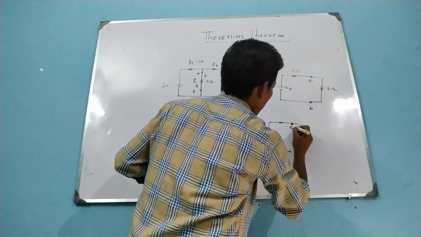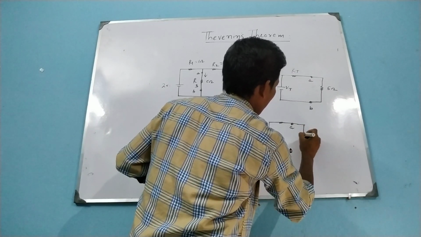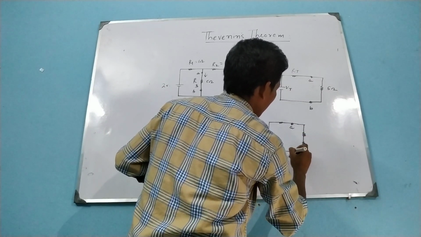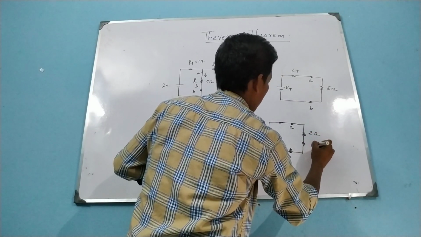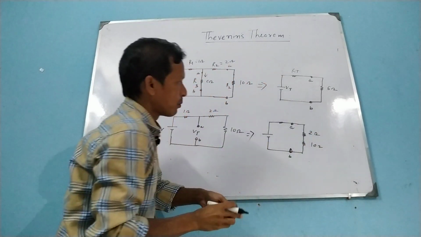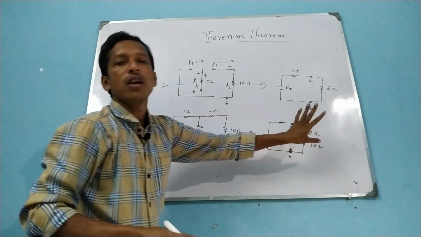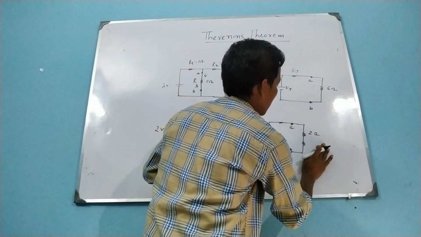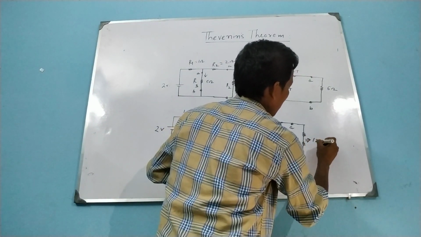This is A point and this is B point. So this is the equivalent circuit. This is 2 ohm and this is 10 ohm. So the resistance of 2 ohm and 10 ohm in series is 12 ohm.